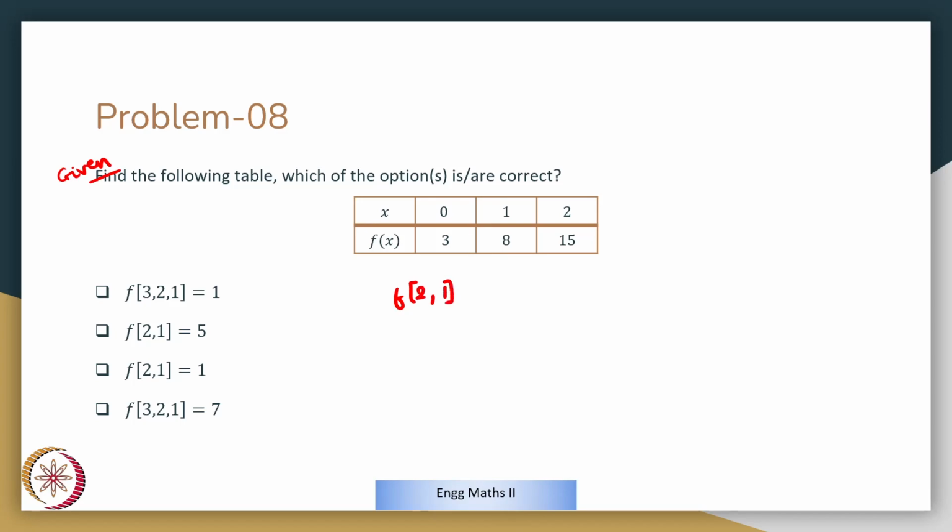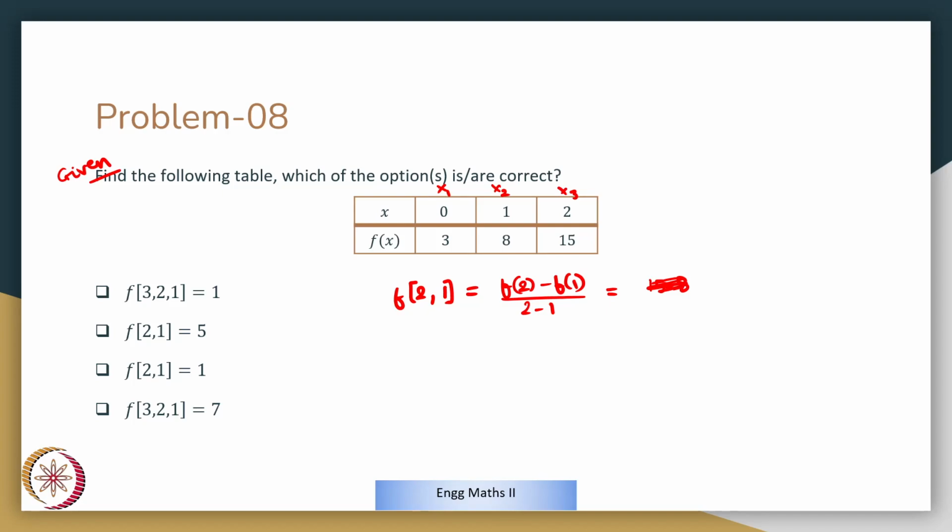The divided difference f[2,1] is nothing but f of 2 minus f of 1 upon 2 minus 1. So f of 2 is 15 minus 8. Okay, so here 3, 2, 1 correspond to the point numbers. So I should write this is x1, this is x2, this is x3.